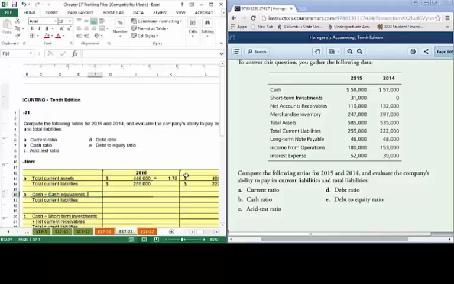B is our cash ratio. So we're just going to take our cash plus our cash equivalents, which it doesn't list any cash equivalents right now. For the purposes of this class, it would tell you if there were cash equivalents. So if there aren't any listed, just put 0. So it's 0.23.